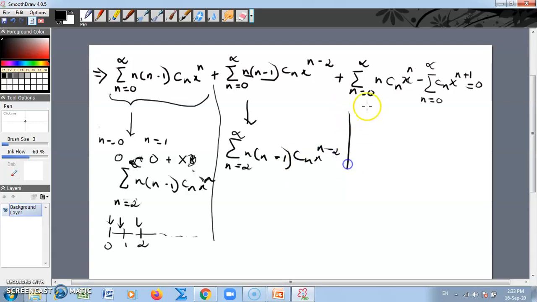Now what about this one? Here you see, when I put n is equal to 0, this becomes 0. But when I put n is equal to 1, it does not become 0. So here I start the summation from n is equal to 1 to infinity.